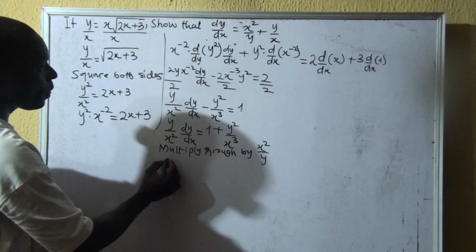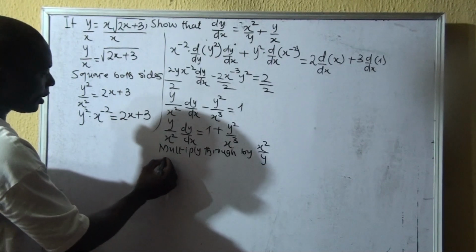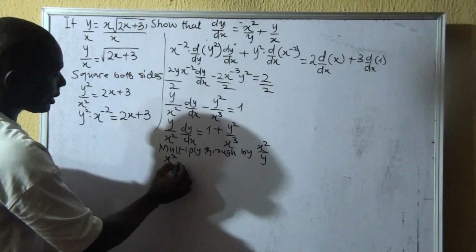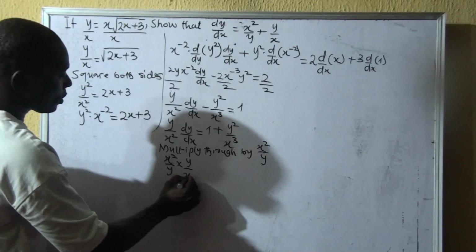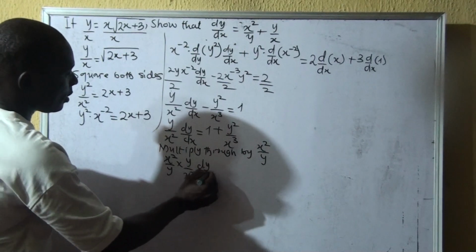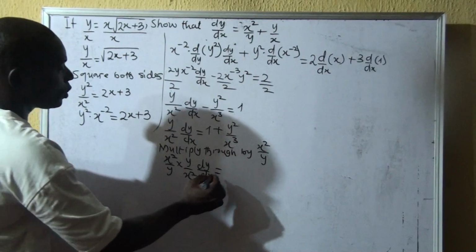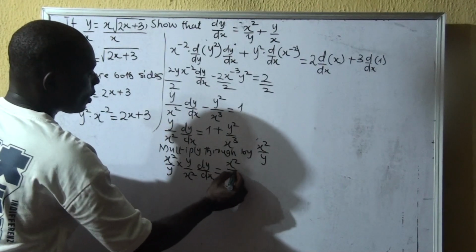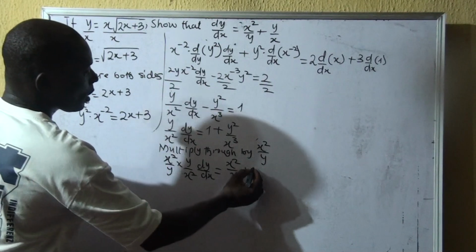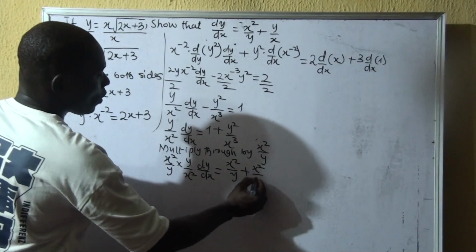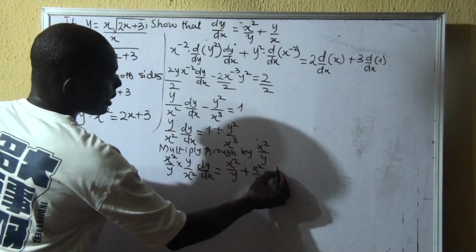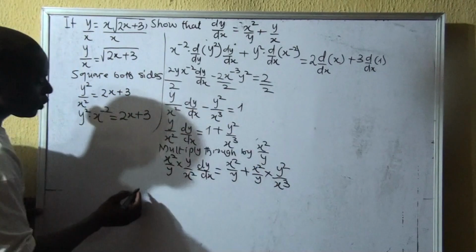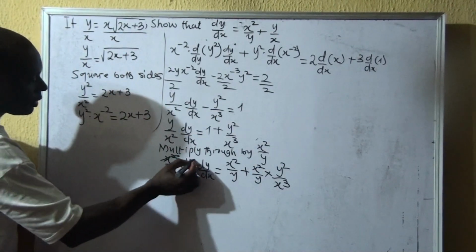So the expression becomes x squared over y times y over x squared, dy/dx, is equal to, we use this term to also multiply 1, and that gives x squared over y, plus x squared over y times y squared over x raised to power 3. So we can see here, this cancels.